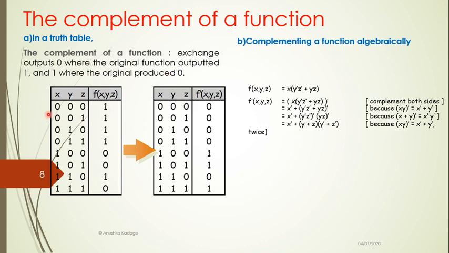So let's check. For getting the complement of a function, there are two basic methods. Directly in a truth table, we replace the outputs of zeros with ones and ones with zeros. Or we can implement the complementing operation algebraically.